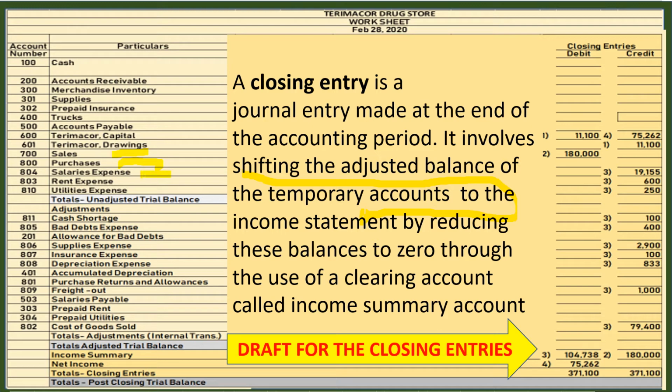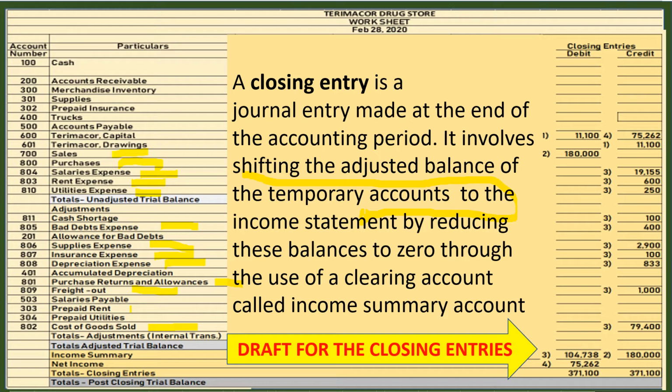So salaries expense, rent expense, utilities expense, bad debts expense. Allowance for bad debt is not, as that is a contra asset. Supplies expense, insurance expense, depreciation expense. Accumulated depreciation is not, as that is a contra asset account. The purchase returns and allowances has already been closed in the adjusting entry. So we have freight out, transportation expense, prepaid rent asset, prepaid utilities. Then we have cost of goods sold.